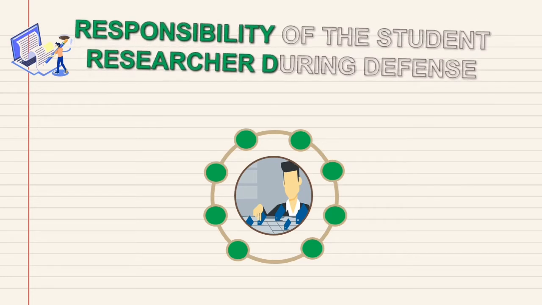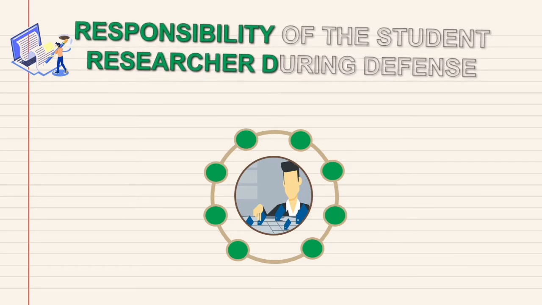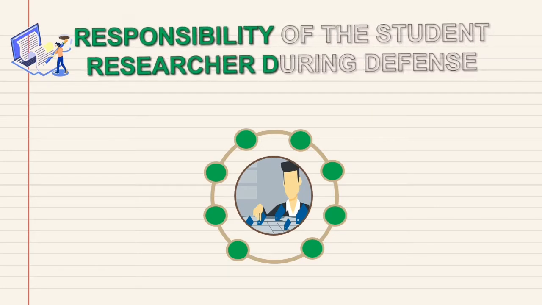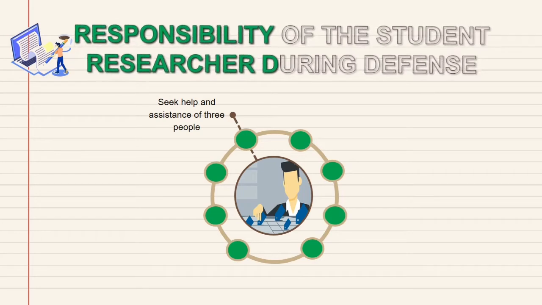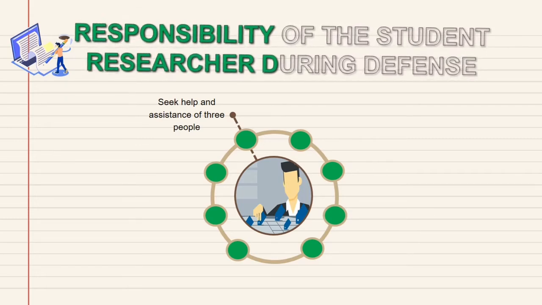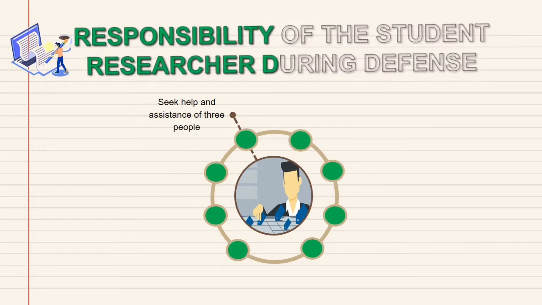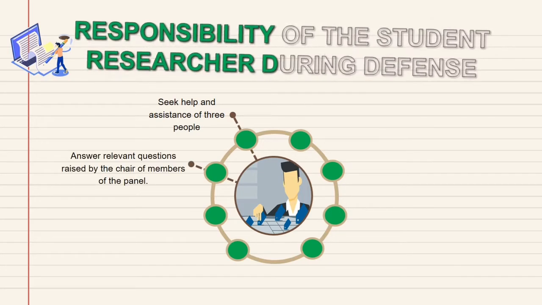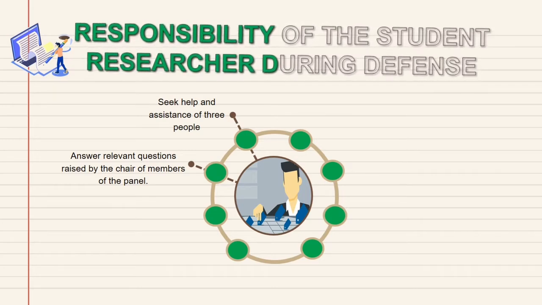Now, what are the responsibilities of the student researcher during defense? Of course, the student researcher should seek the help and assistance of the 3 people willing to act as chair and members of the thesis defense in advance. During the defense, the student researcher should answer relevant questions raised by the chair or the members of the panel.